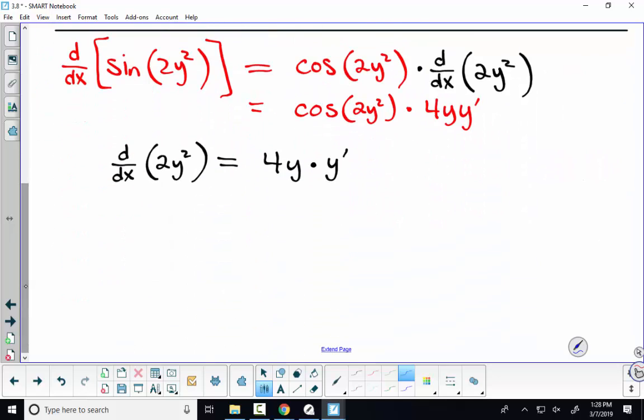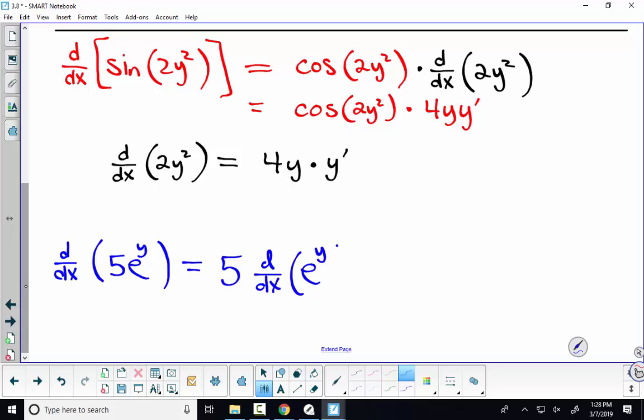5e to the y. Remember, since the 5 is a constant, we can take that 5 out. 5 times the derivative of e to the y. So what is the derivative of e to the y?